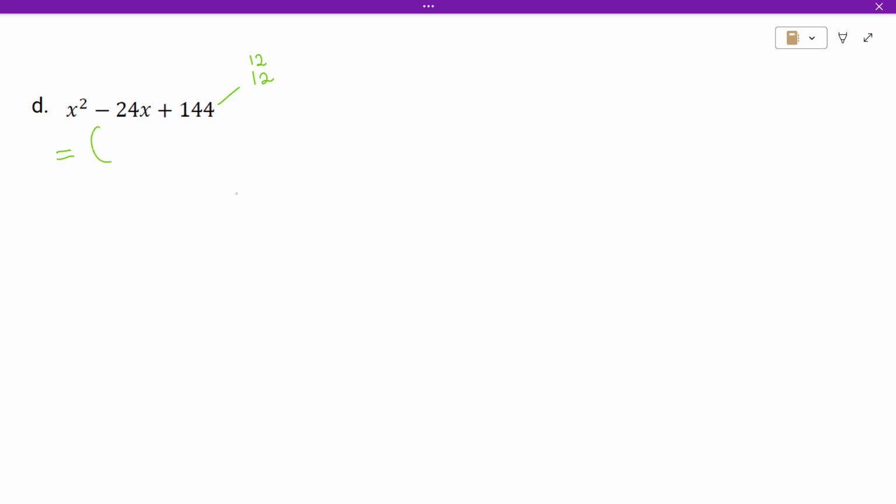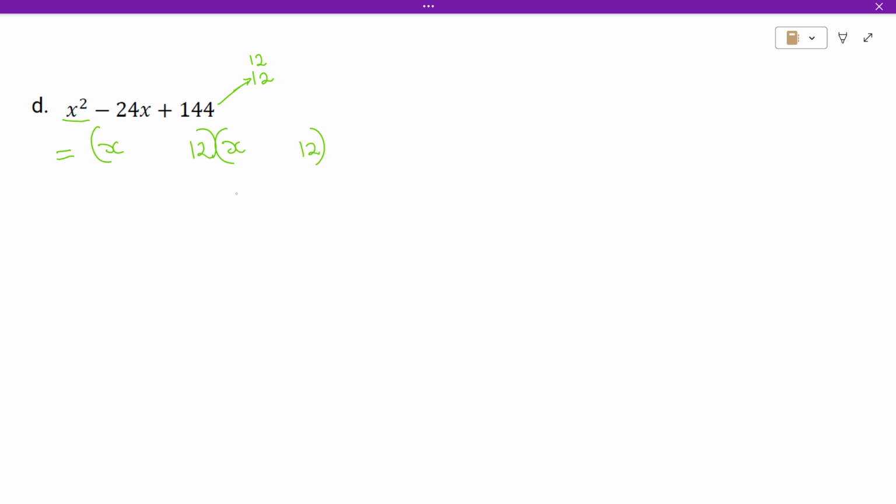For now, I'm going to make two wide open brackets like that, and we're going to put the x's, in other words the first term, in front of the brackets. We're going to put the factors of 144, in other words the constant value or just the plain number, at the back of the brackets like this.